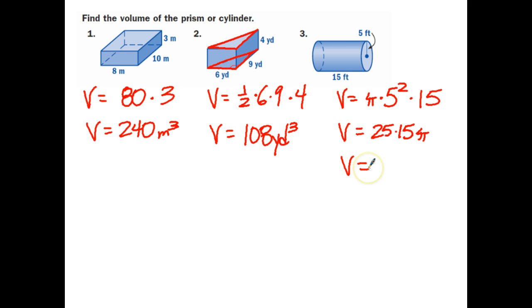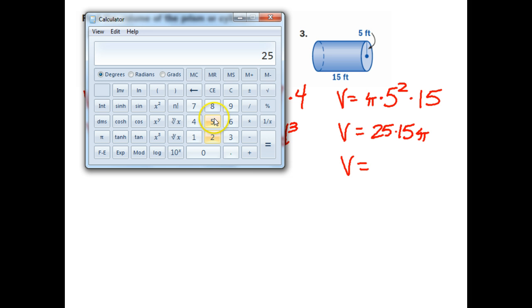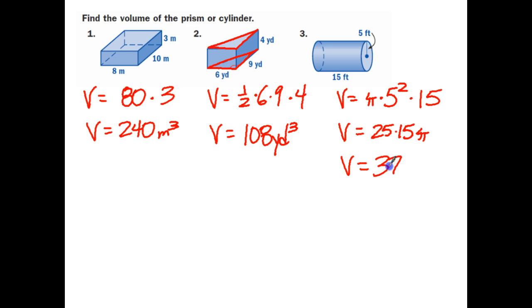So volume is going to be equal to 375. Let me get the calculator just to make sure. I don't want to give you a wrong answer. 375. Okay, so 375 pi feet cubed. And if I needed to, that's the best answer there.